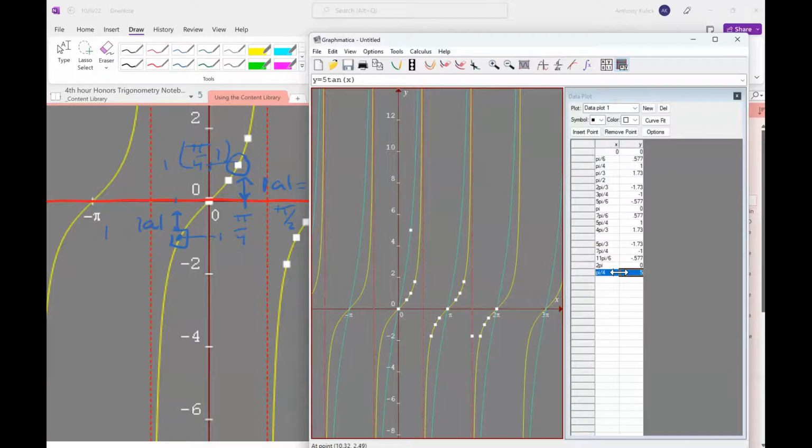See? So this point has been stretched up 5 units, right? The distance between this point and the midline is now 5. This point here and this point here are on the same vertical line. They're both at pi over 4.